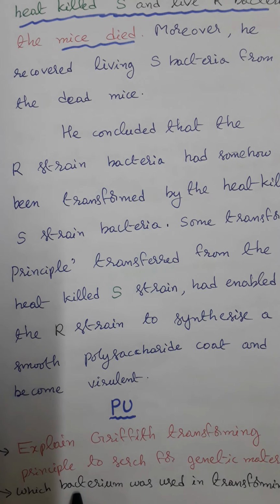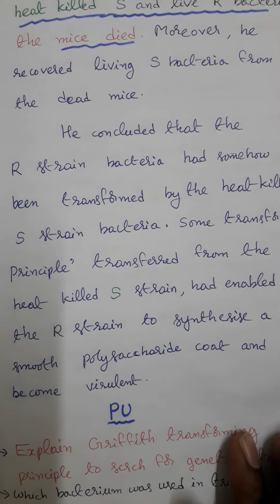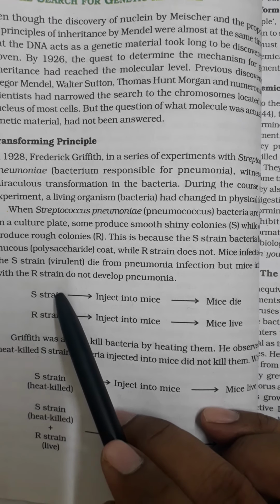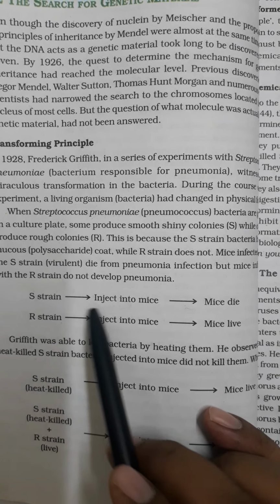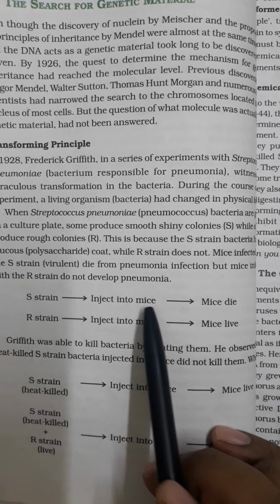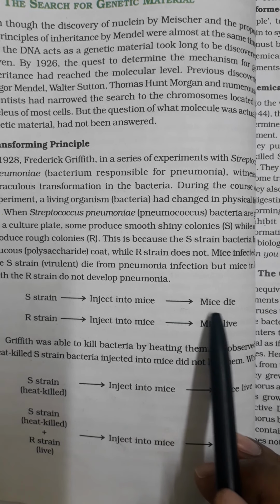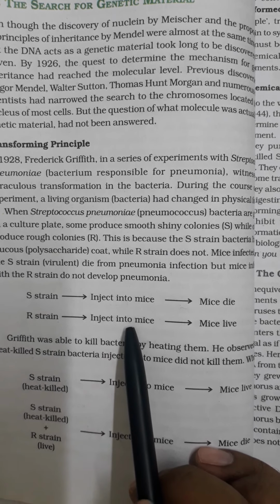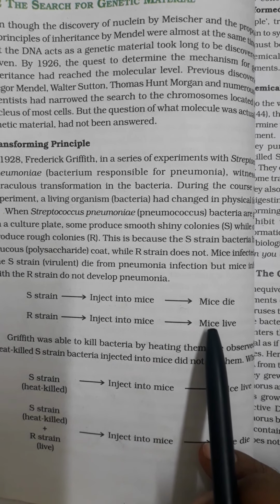Whenever the S strain of bacteria is injected into the mice, that leads to the death of the organism. Whenever the R strain of bacteria is injected into the mice, they live.